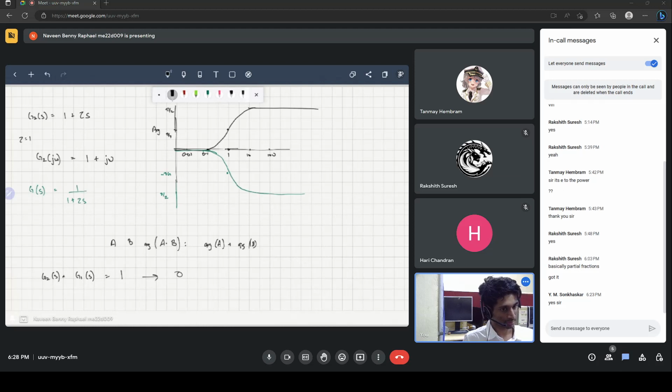Since the argument of a multiplied by b is the argument of a plus the argument of b, from this equation it's pretty clear that the argument of G1 is the negative of the argument of G2. I hope that kind of makes sense. It's a little hand wavy, but it's the premise of the thing.